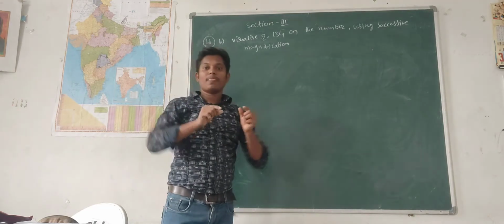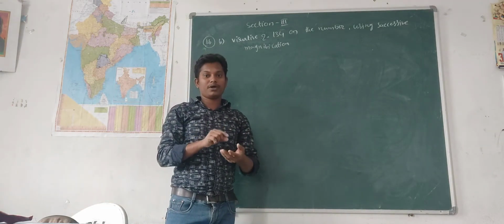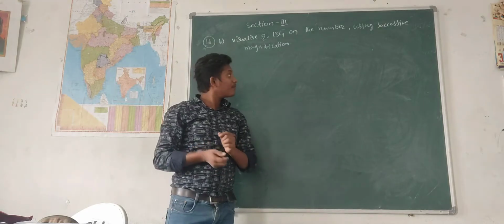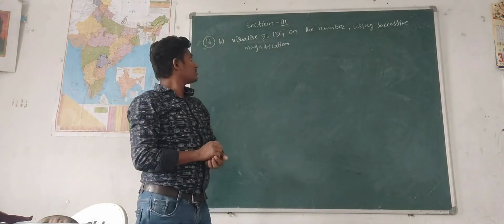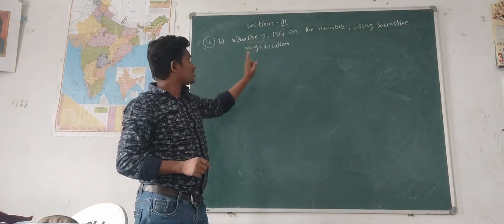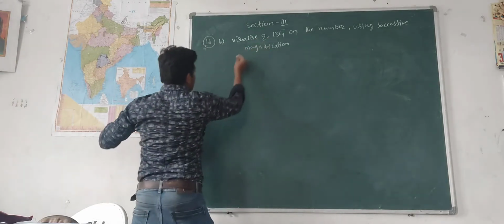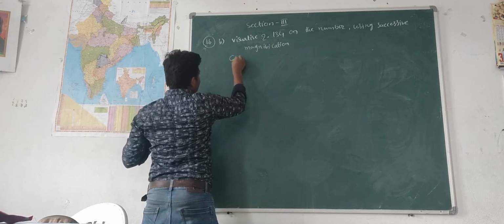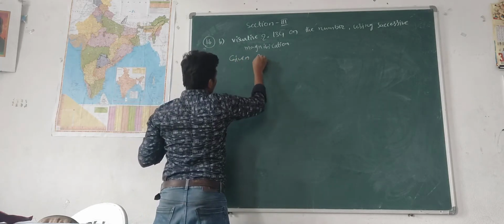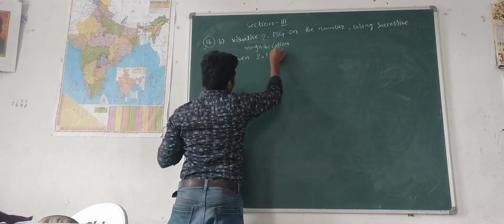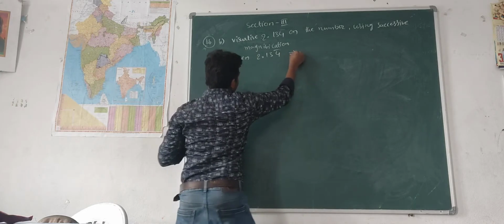We have to find them on the number line using successive magnification. So first, this one is given: 2.134 bar.